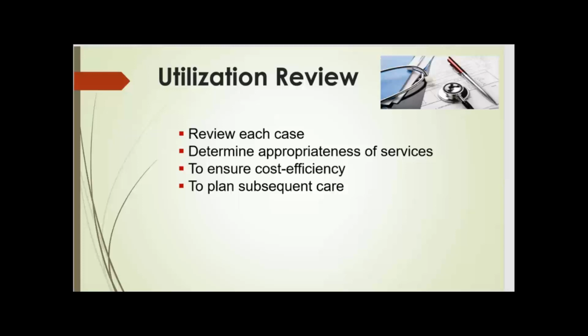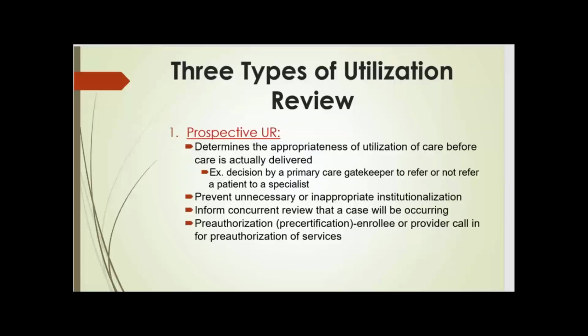And utilization review falls into 3 categories that I will be going over in the next slide. So the 3 types are prospective utilization review, concurrent utilization review, and retrospective utilization review. So those are the 3 types. Now, first, I will begin with the prospective utilization review, which is listed on this slide.